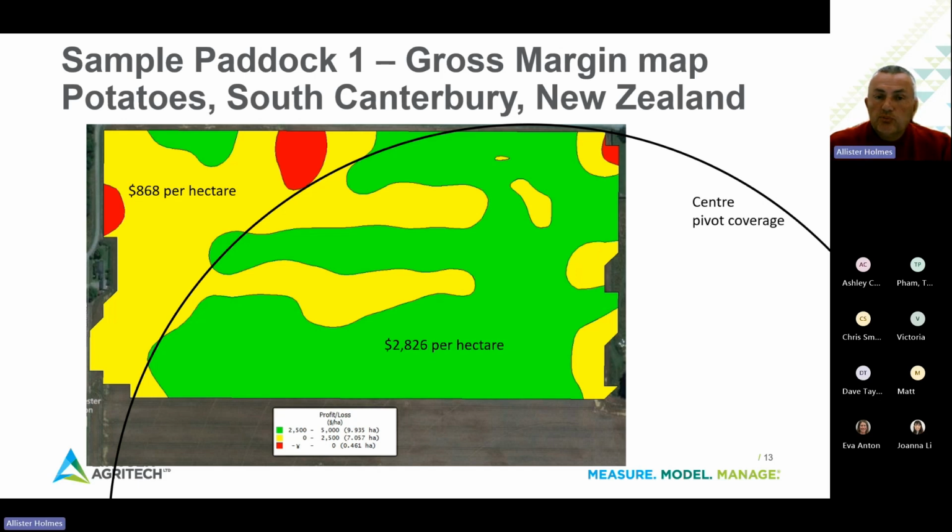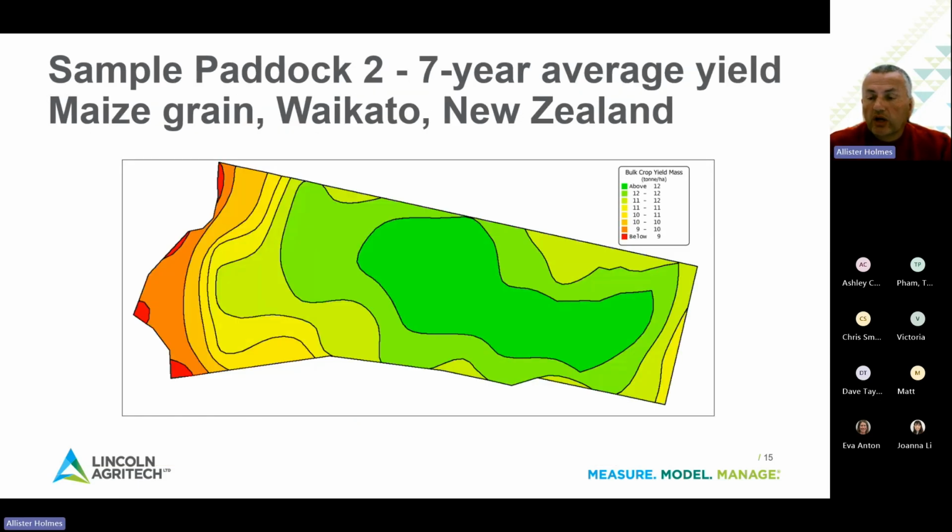Okay, so sample paddock 2 here. So looking at the other end of the country, this is in the northern Waikato. This is a paddock that grows maize grain year after year and has grown it for some time. And by looking at 7-year average of yield, we could draw this map showing the average yield per year over these 7 years.